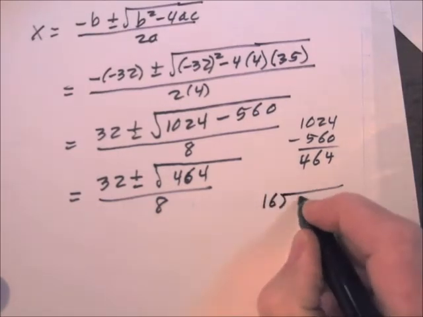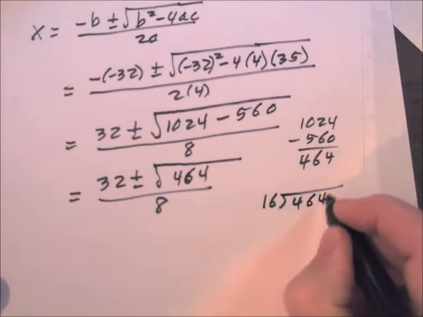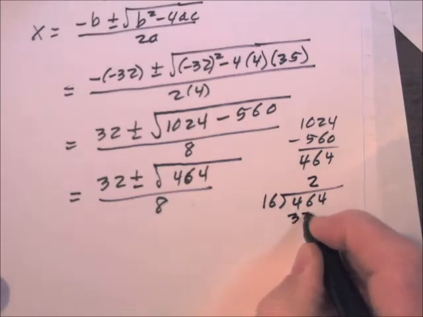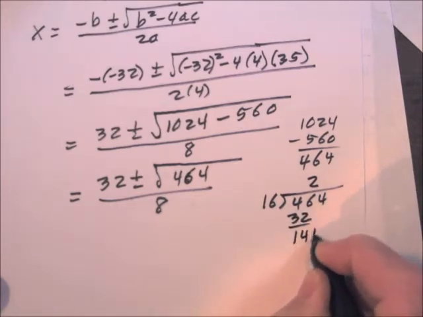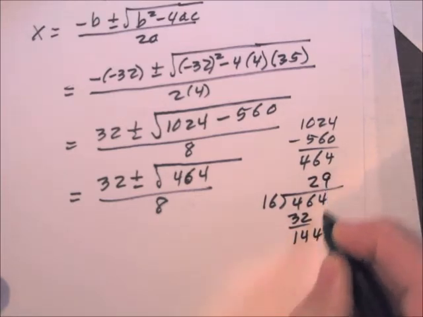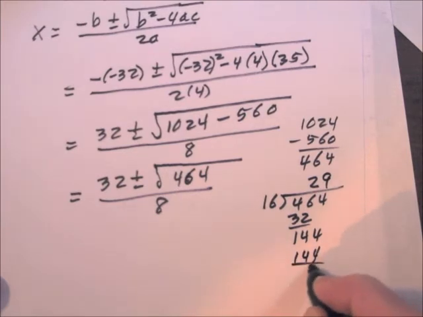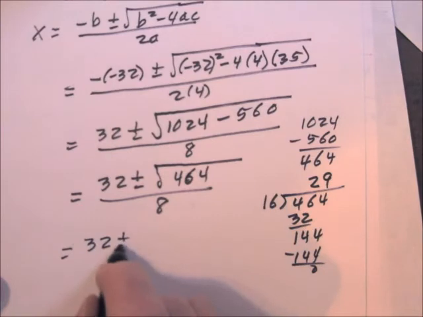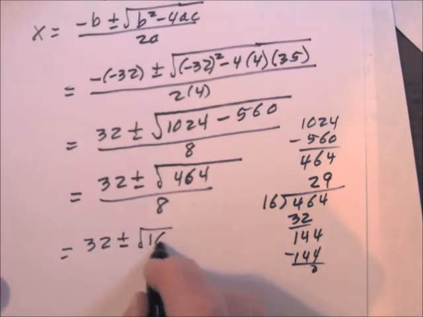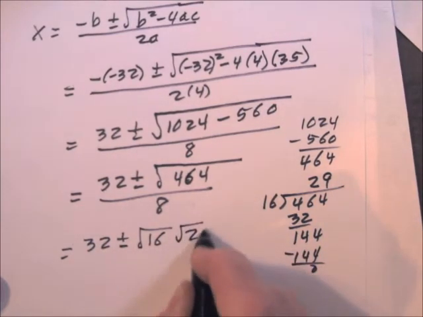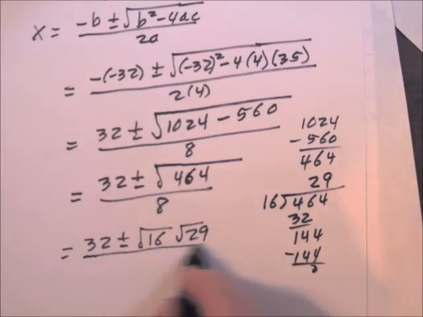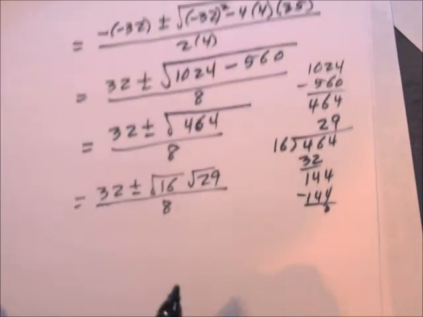there is a perfect square that divides into that evenly: 16 into 464. 2 times 16 is 32. Remainder 14, bring down the 4. And 9 times 16 is 144. So we can write this as 32 plus or minus square root of 16 times square root of 29, because 464 is 16 times 29. Square root of 16 is 4.